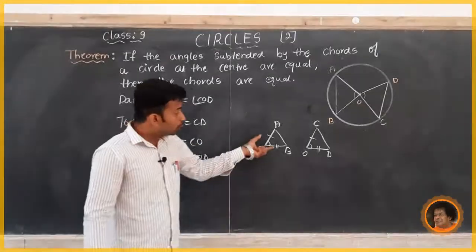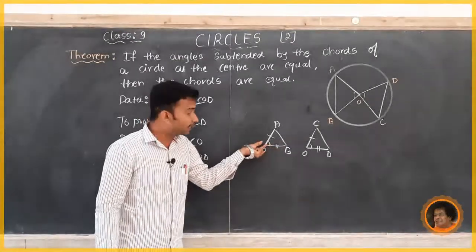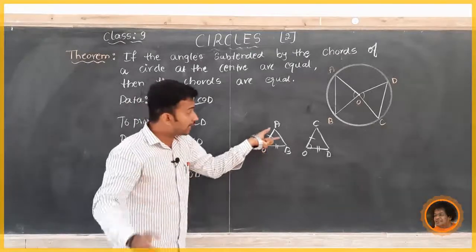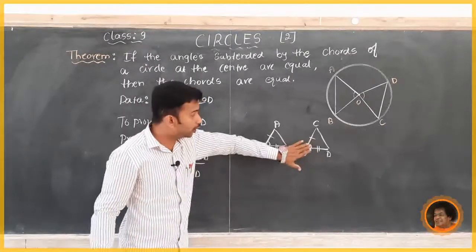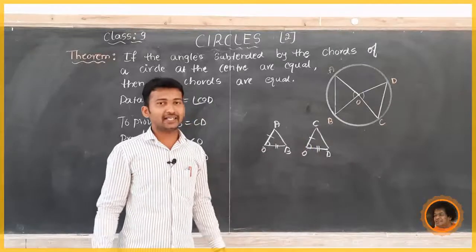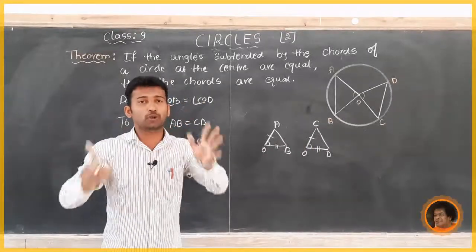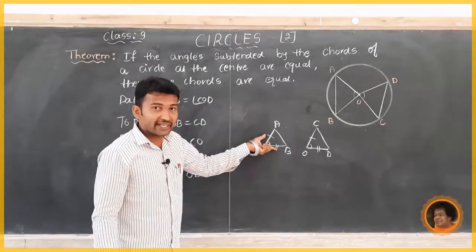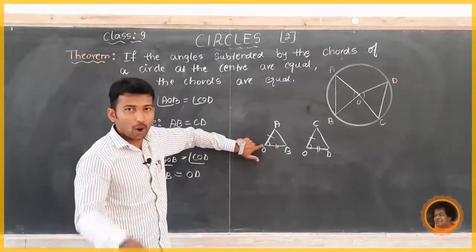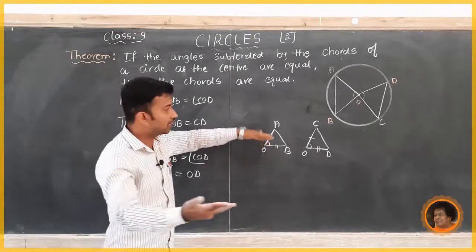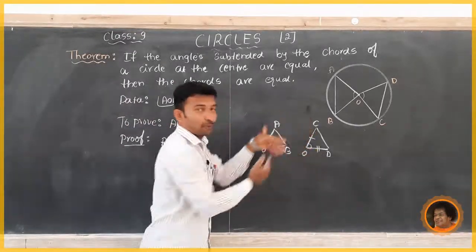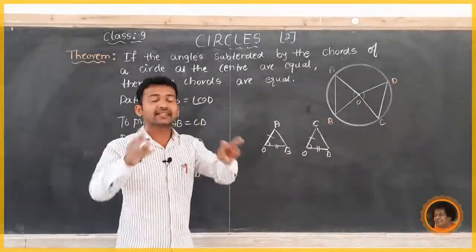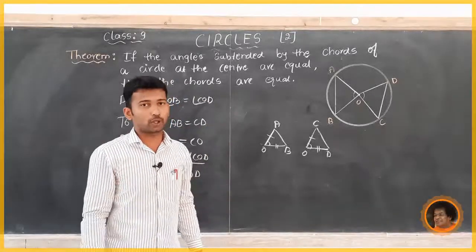If two sides and the included angle of one triangle are equal to the corresponding two sides and included angle of the other triangle, then the two triangles are said to be congruent.